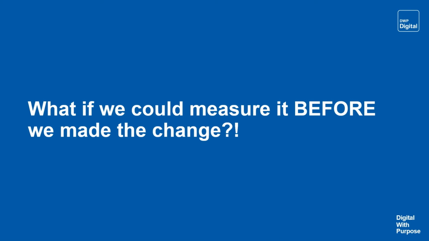So I want to talk specifically about how we could be in a better position to make those decisions before we expend all of the development process on creating that new design. Catherine talked about statistical significance and making sure that we have all of the right data and being able to say whether the changes that we could see in the analysis were down to the changes that we'd made on the page or whether they were down to chance.